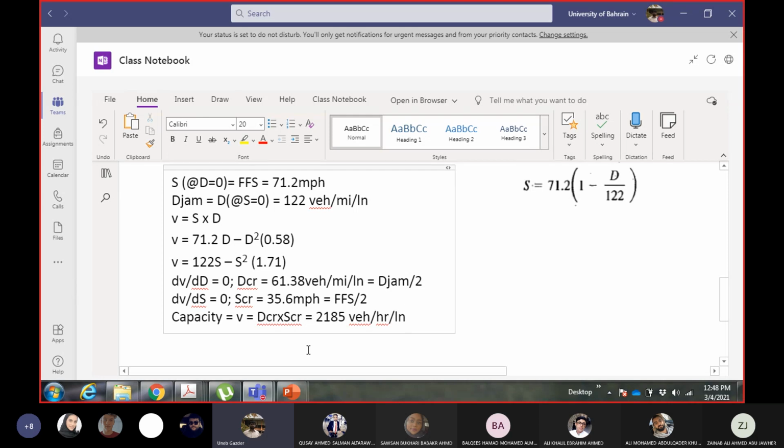Critical density is vehicles per mile, so an increase means more vehicles can fit into 1 mile. Maybe we have more space on the road on which more vehicles can be accommodated, so this also increases the capacity. If you are using a better road design, or the road has more width, then you will have a higher capacity.